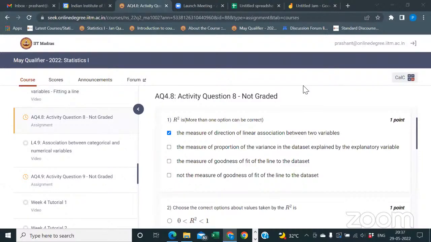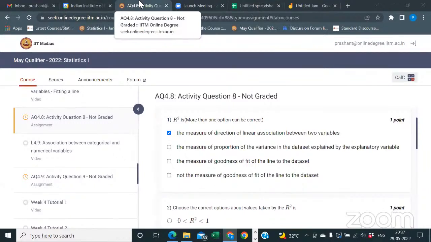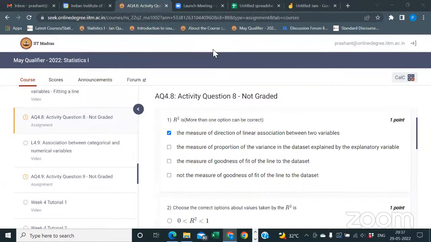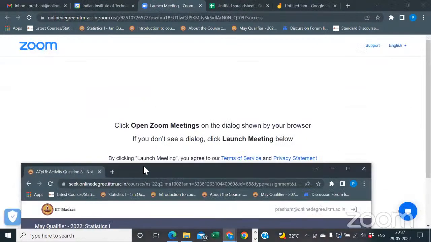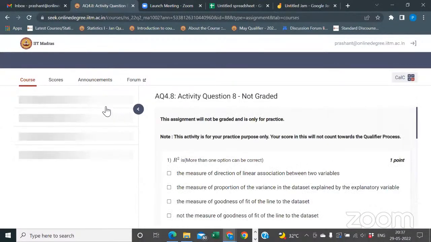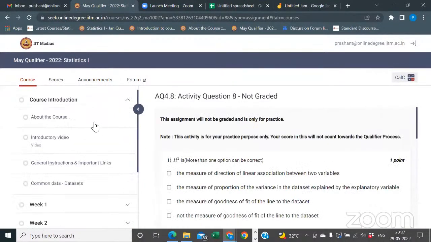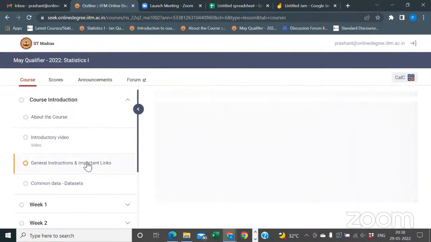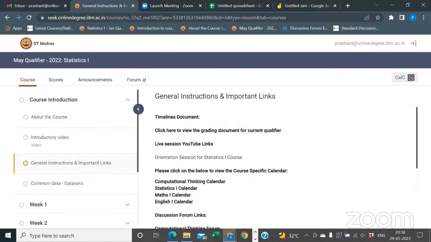Radhika is asking about the calendar link. Go to the course introduction, then general instructions and important links.